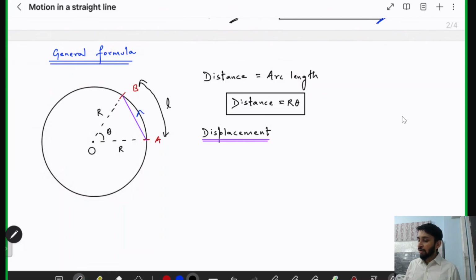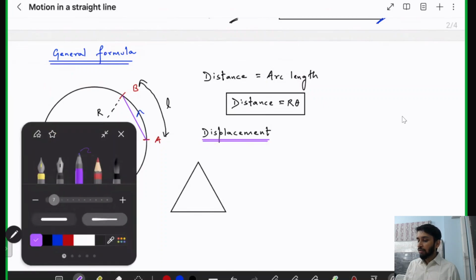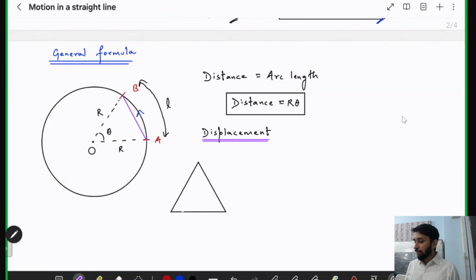See, if I draw that triangle OAB separately, this is the purple line here, which is representing the displacement.